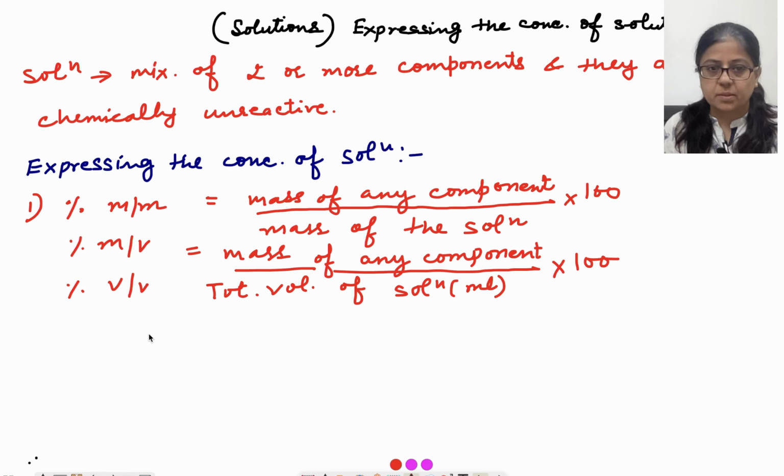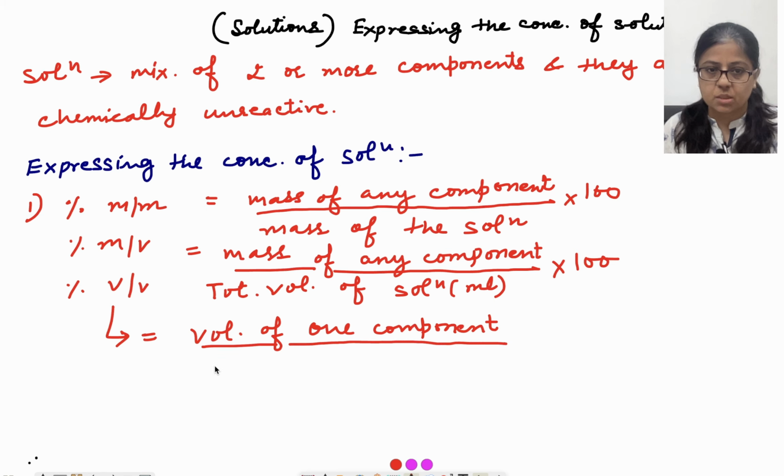And the third term is percentage in terms of volume by volume. So what is the third term? In the first two terms we were taking the mass of any one component in the solution; we will replace the mass of the component with the volume of that component, divided by the total volume of the solution, multiplied with 100.